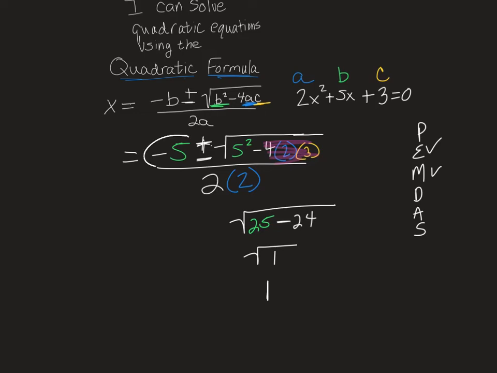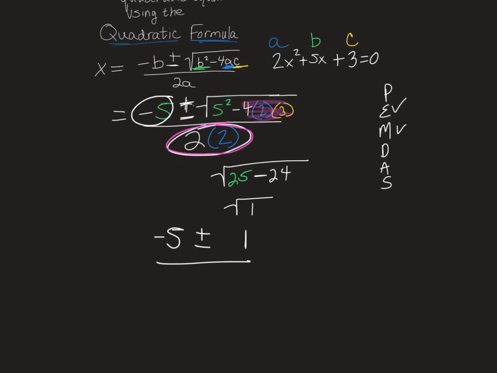I still haven't done anything with this -5 yet, so it'll be -5. Ooh, that was an ugly 5. Sorry, guys. So -5, and then plus or minus 1. I'm going to explain what the deal is with that plus or minus 1 in just a second, so just hang with me. And then I'm going to go ahead and multiply this 2 times 2 together that are down there in the denominator. And obviously 2 times 2 is 4.